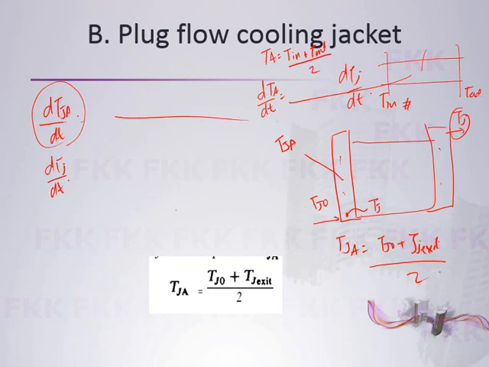So by taking the same principle, assuming that the coolant is going in from here to there by using a plug flow principle, we are taking the same assumption as well. Meaning to say that if you want to do the balance anywhere in the coolant, you will say that this is TJA, the average temperature of the jacket, equals to TJ0 plus TJ over 2.